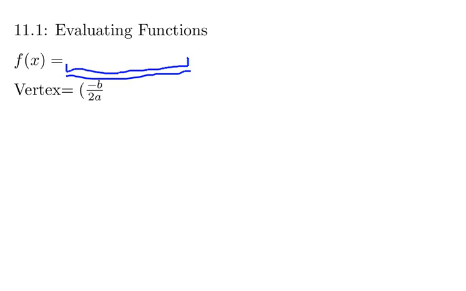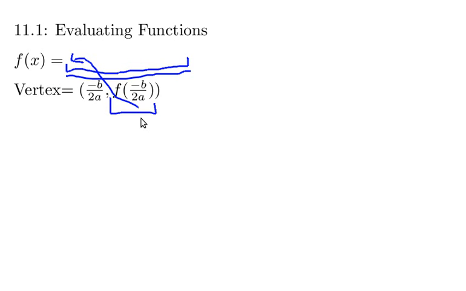Negative b over 2a for the x component, but then it's going to be evaluated, so it's going to be, oops, just a second. Okay, I forgot a parentheses. Okay, so what we're doing for evaluating functions is this right here. We took the negative b over 2a and we plugged it into this expression for x.